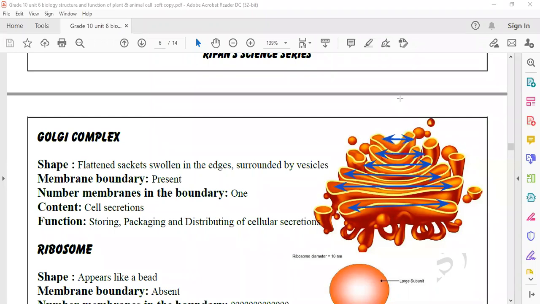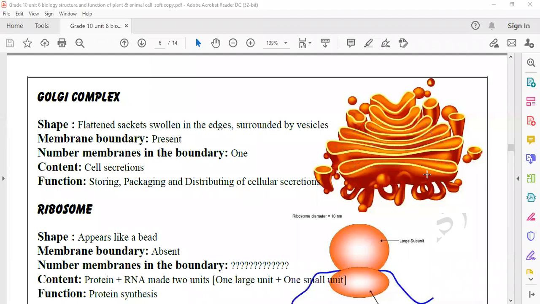Can you notice it? Right. In them, can you see the center part is narrow?